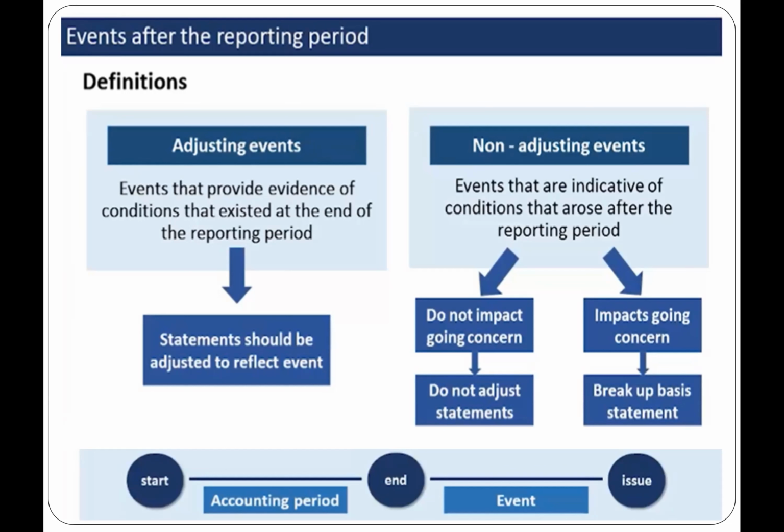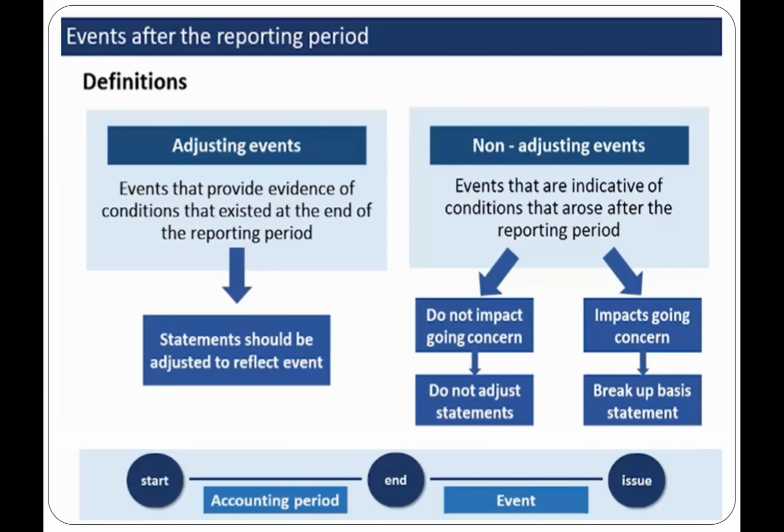But if we believe that our business is being negatively affected by certain conditions such that we may not be able to operate in the following year, we need to prepare them on a break-up basis. I'm sure you have already covered this under IAS 1.